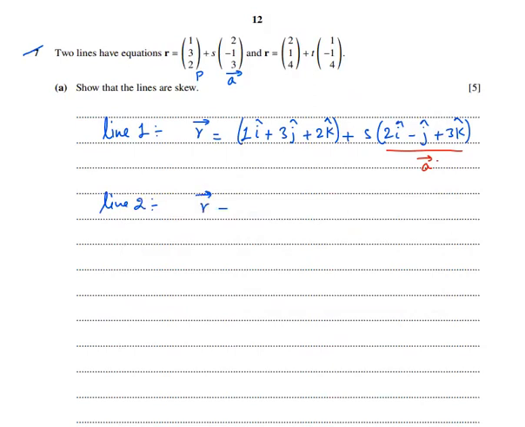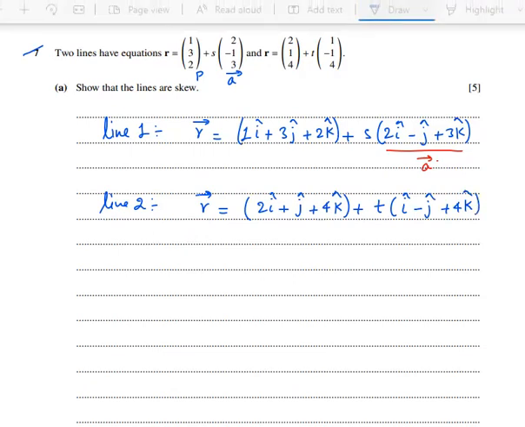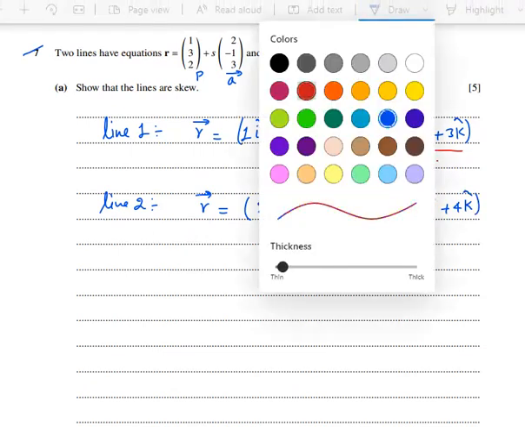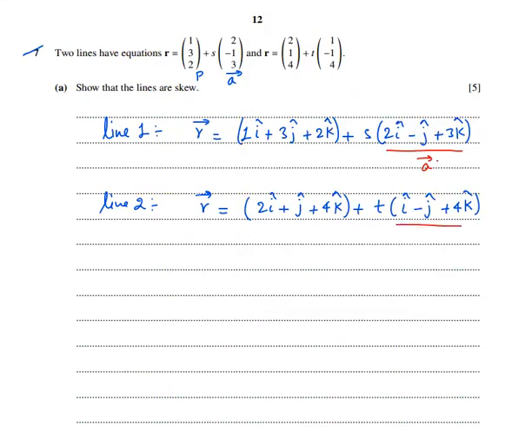We have r equals 2 i cap plus 1 j cap plus 4 k cap. This is the point, plus t multiplied by 1 i cap minus j cap plus 4 k cap. Okay, so here the vector B associated with line B, line 2, is this vector.